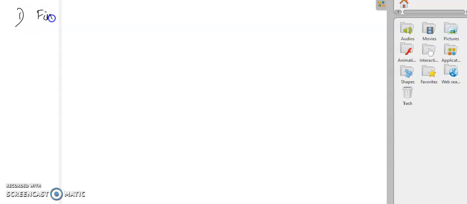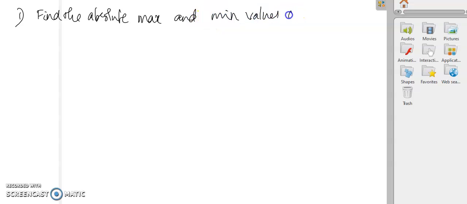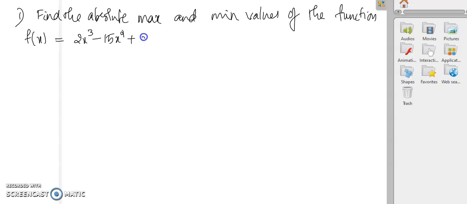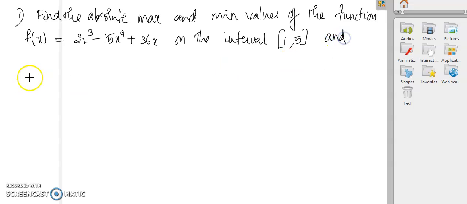So find the absolute maximum and minimum values of the function f(x) = 2x³ − 15x² + 36x on the interval [1, 5], and determine where these values occur.